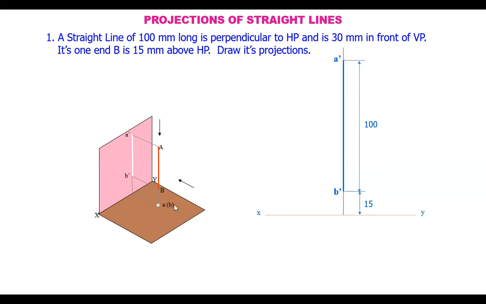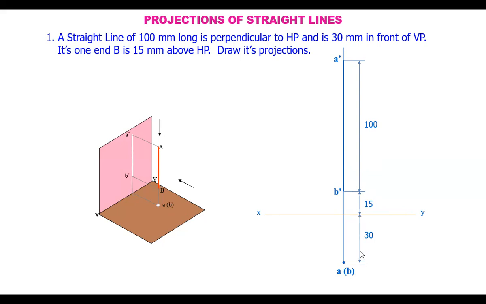Coming to the top view, it is obtained as a point and it is at a distance of 30 mm. When you rotate the horizontal plane, it has come down below the reference line. So below the reference line at a distance of 30 mm, we mark a point here.